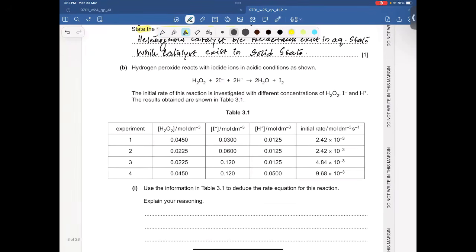Hydrogen peroxide reacts with iodide ion in acidic condition as shown. The initial rate of this reaction is investigated with different concentrations of these reactants. The results obtained are shown in the table. Use this information to deduce the rate equation for this reaction. Explain your reasoning. To get the rate equation, we need to determine the individual order of each and every reactant.